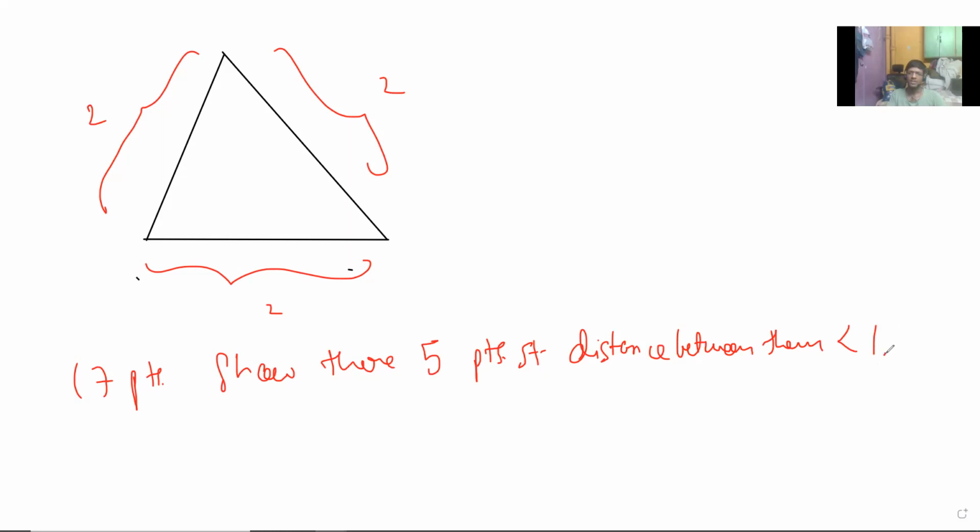Did anybody do this? Let's see first, and you can say. So we basically want one hole or one cage, one region to have 5 points. How could you guarantee that?